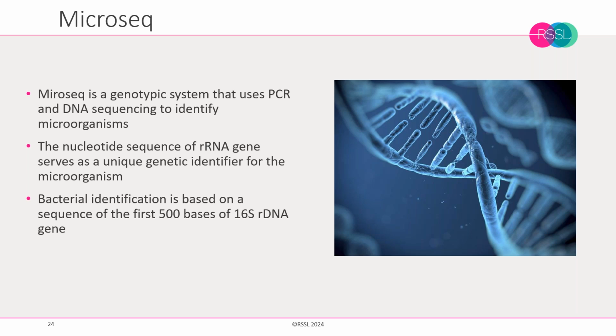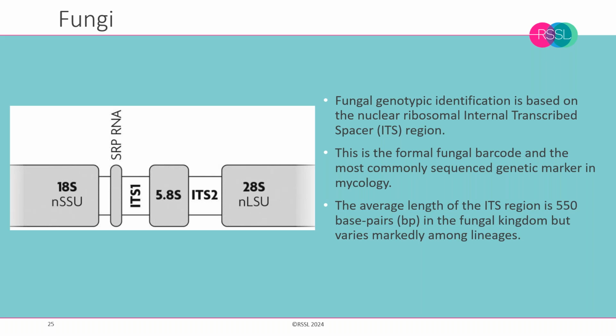When we're talking about genotypic testing of fungi, then we're looking at something slightly different. So with fungal genotypic identification, this is based on ITS regions. So these are the nuclear ribosomal internal transcribed spacer regions. And in a sense, what we're doing when we're examining these is that we're still producing, if you like, a formal fungal barcode.